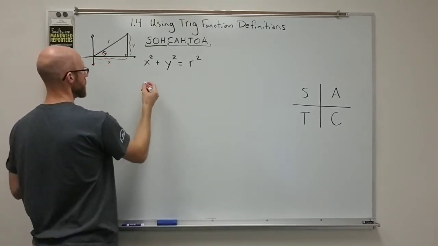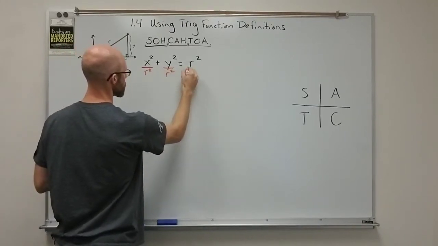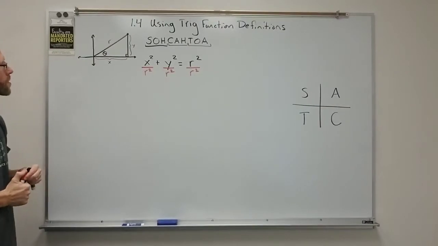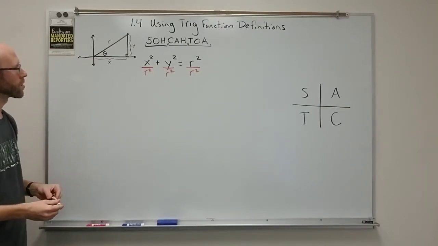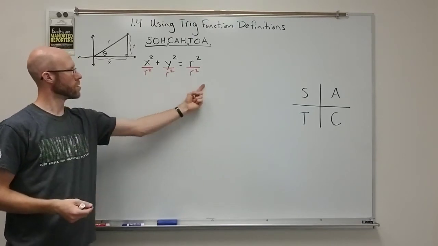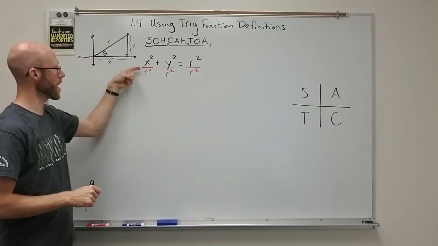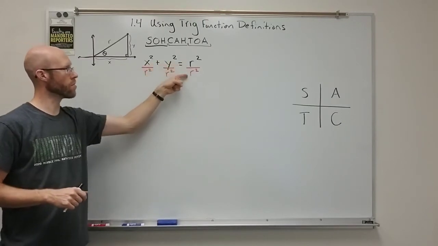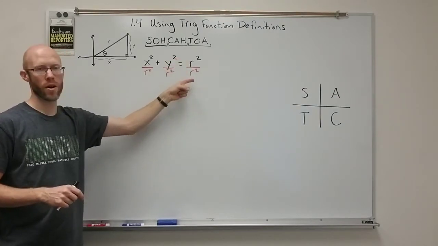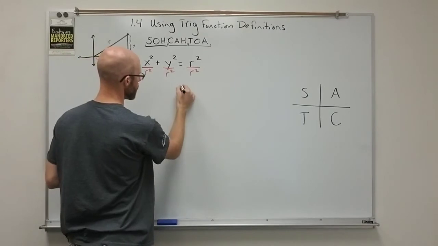So let's divide each one by r squared. What you end up with is x squared over r squared, y squared over r squared, and r squared over r squared, which is 1, right? Anything divided by itself is 1.